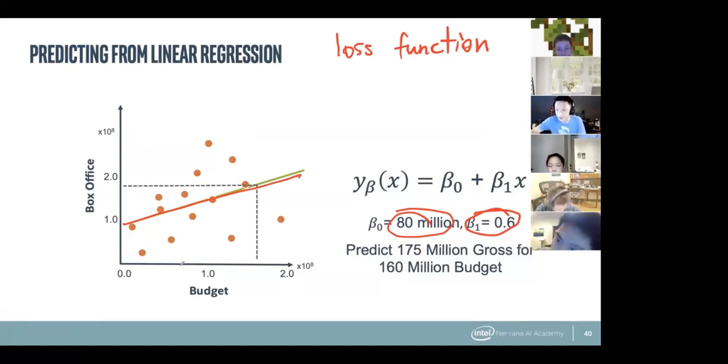Because if you predicted this budget, let's just say of 1.0 times 10 to the 8, it predicts it perfectly, right? So the error here is 0. But if you have this budget right here, your regression line would predict this value around 1.8 times 10 to the 8. But unfortunately, the movie that corresponds to this was actually 0.5 times 10 to the 8.